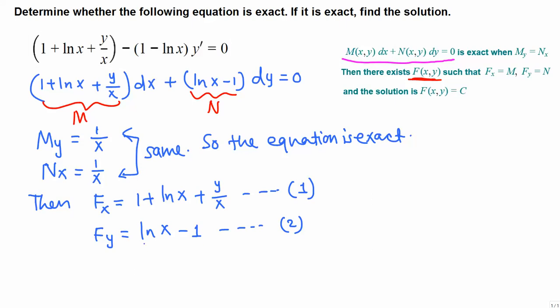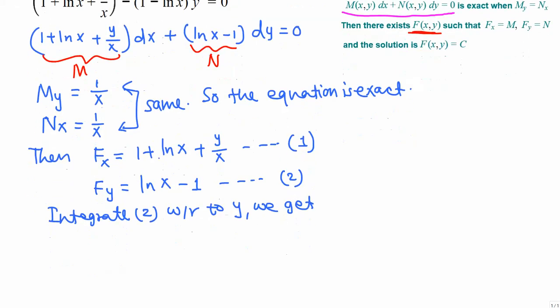The second one looks easier than the first, so we integrate equation 2 with respect to y. We could have integrated with respect to x, it depends, but this one looks more complicated, so let's choose this.